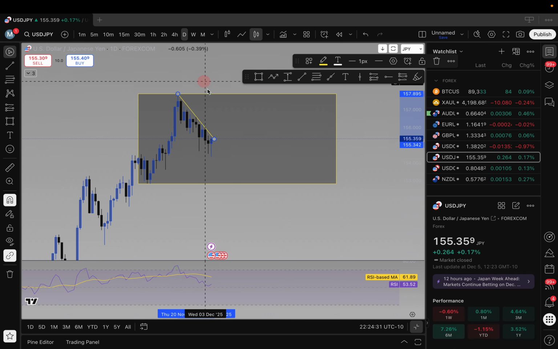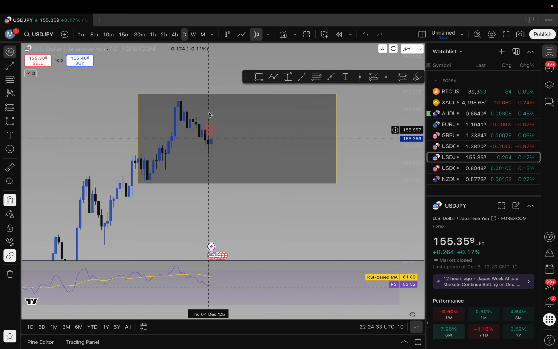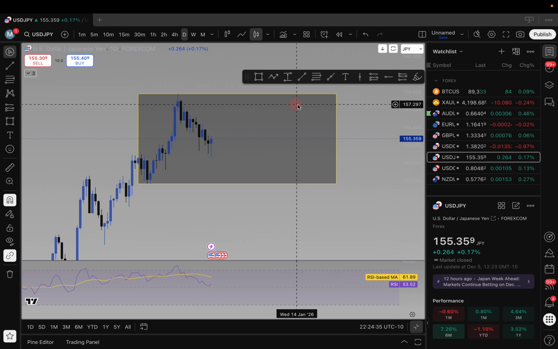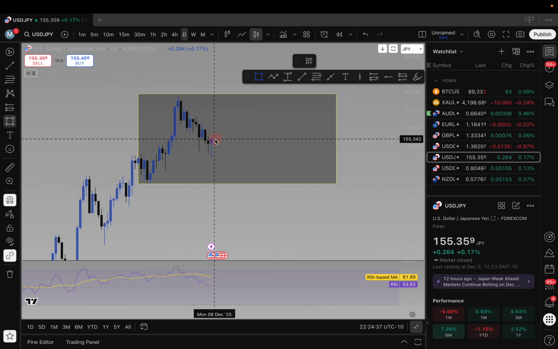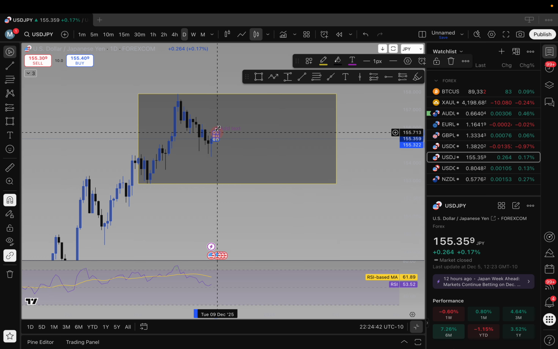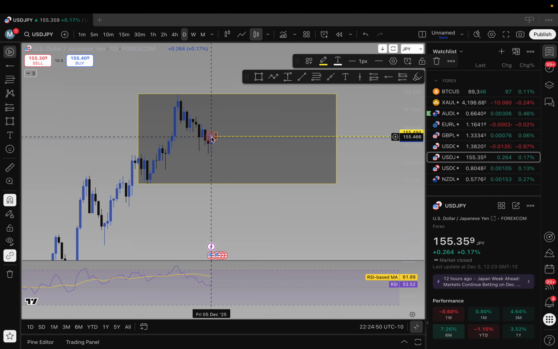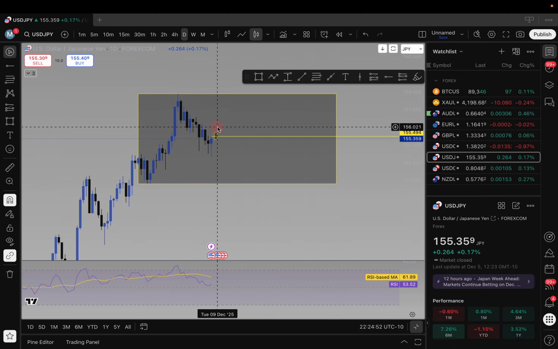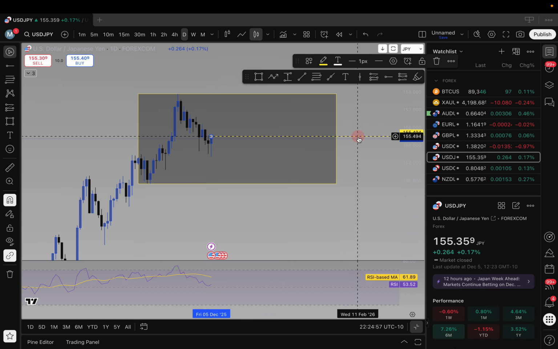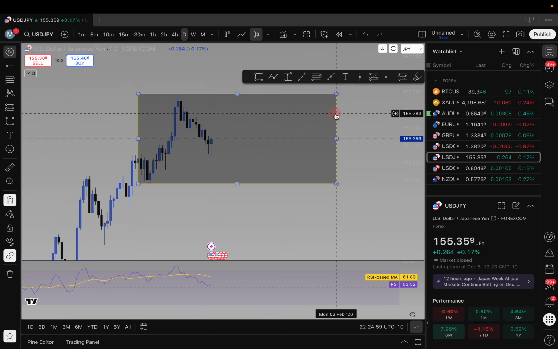I think it's about to go up. That's what I think. But if it breaks this previous candle like this, maybe on Tuesday, we'll be looking for longs like that, and this becomes our new POI, right? This becomes our new POI, but let's see what the market gives us, right?